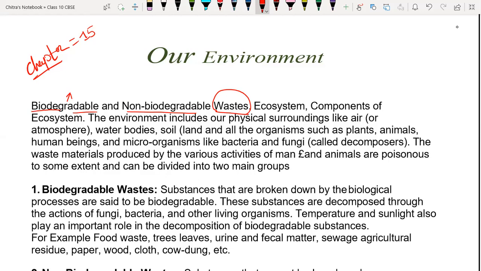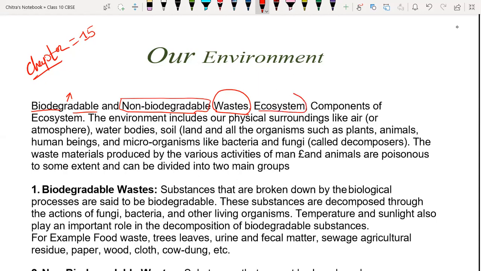Whereas non-biodegradable waste means the waste which is not going to decompose by microorganisms. If we take an example, plastic is non-biodegradable waste.